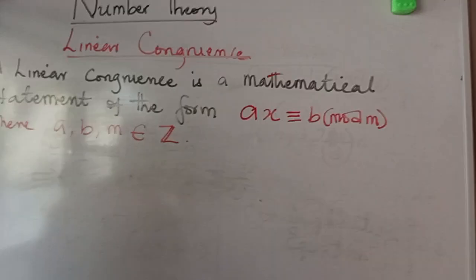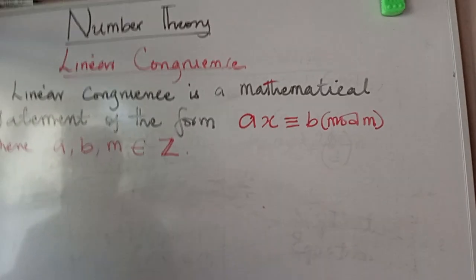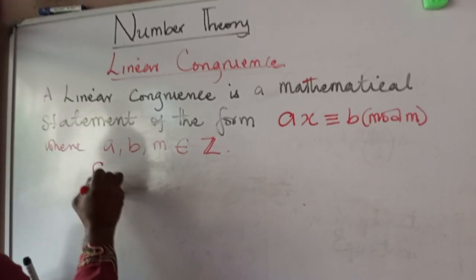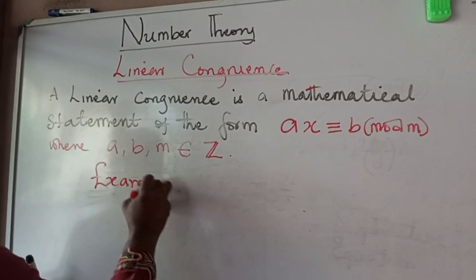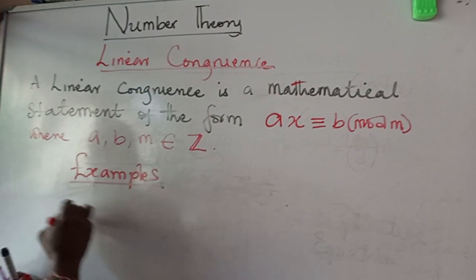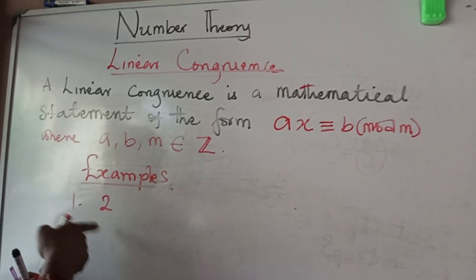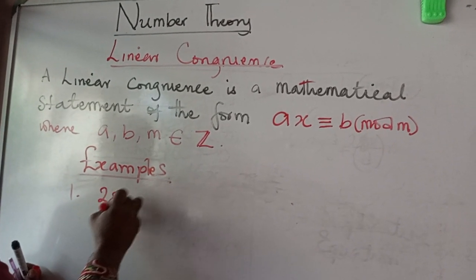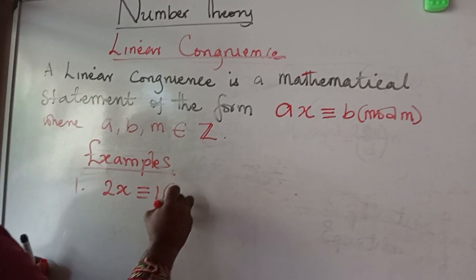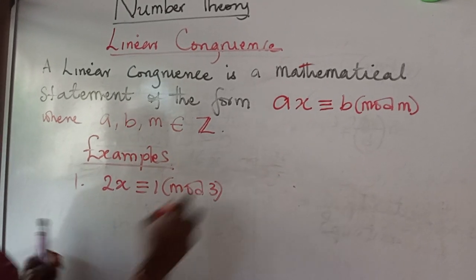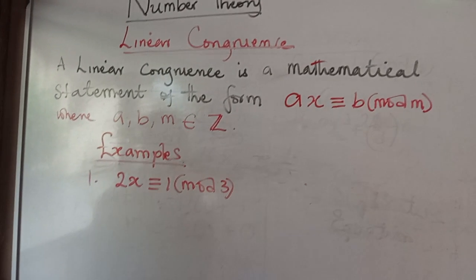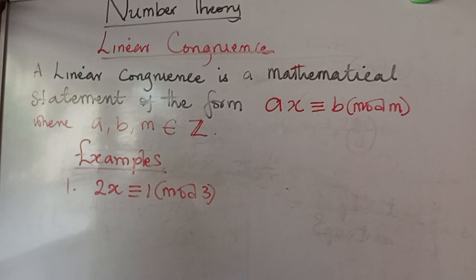So let's solve other problems. Let's go to examples in solving problems in linear congruence. Let's take problem number one. We should solve the congruence 2x is congruent to 1 mod 3. There are many ways to solve this problem, but I want to mention just three ways.